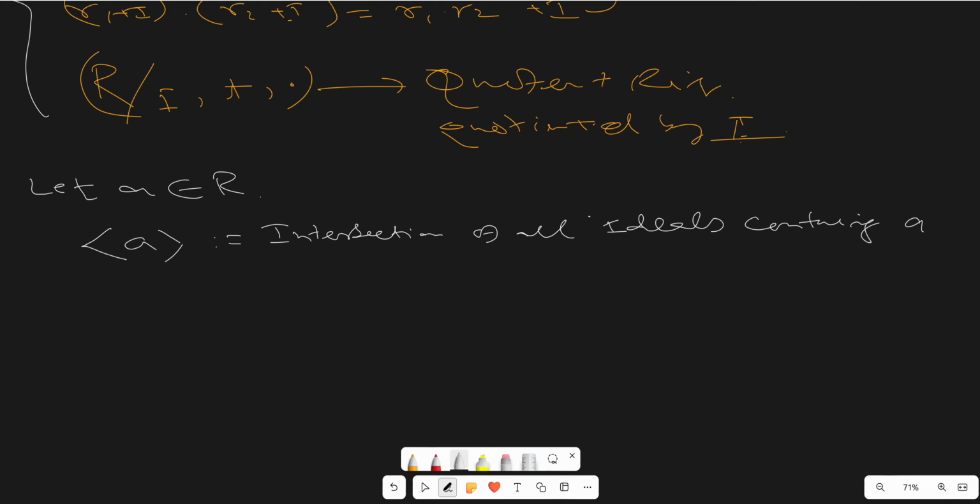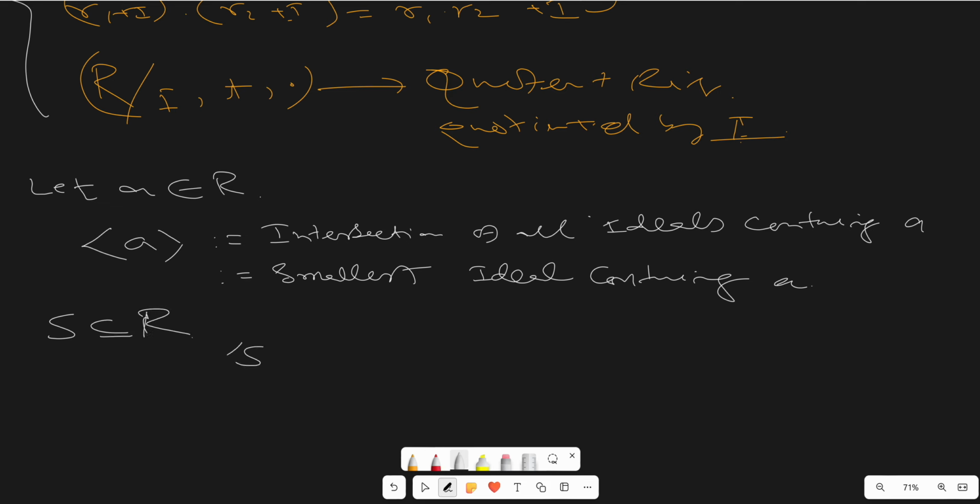You can also write it, this is the smallest ideal containing a. Similarly, you can define if S is a subset of R, not necessarily a subring, the ideal generated by the set S. This is called the smallest ideal containing S.